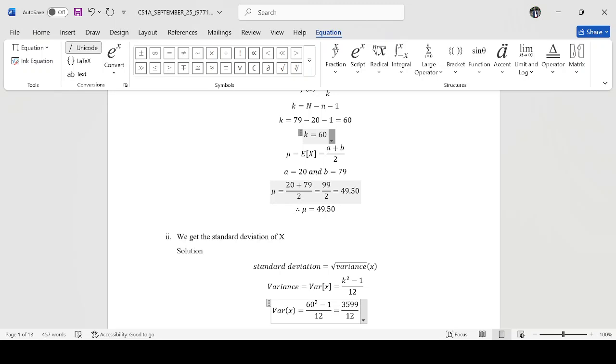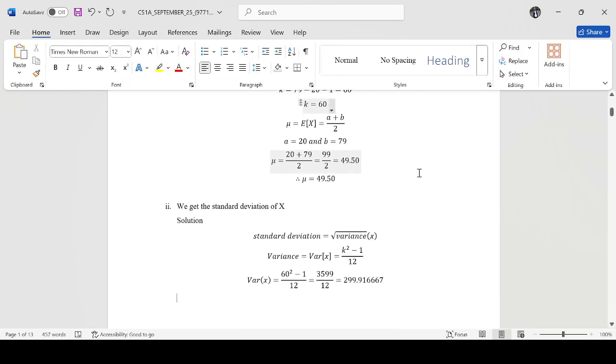Then you divide by 12. From my calculator, I'm getting something closer to 299.91667. So definitely that is our variance.